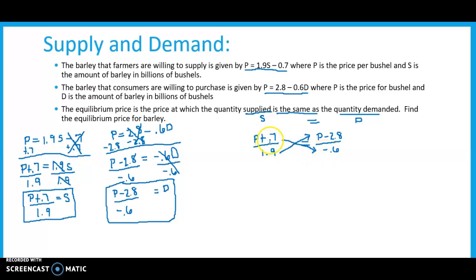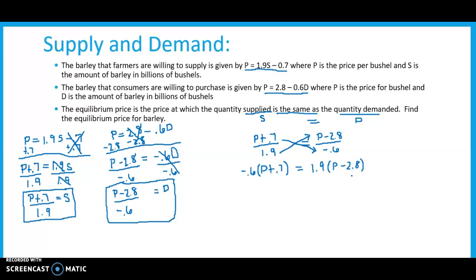So I'm going to multiply going left to right first, so I'll have negative 0.6 parenthesis p plus 0.7 is equal to, and then I'll multiply again left to right going this way, top to bottom to top this time, 1.9 parenthesis p minus 2.8.